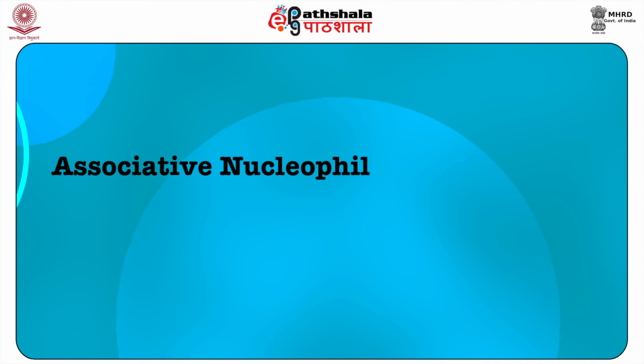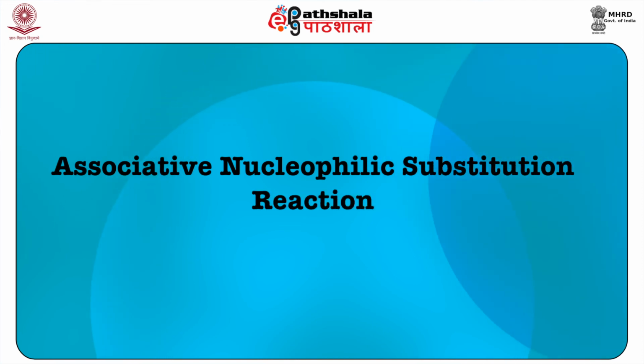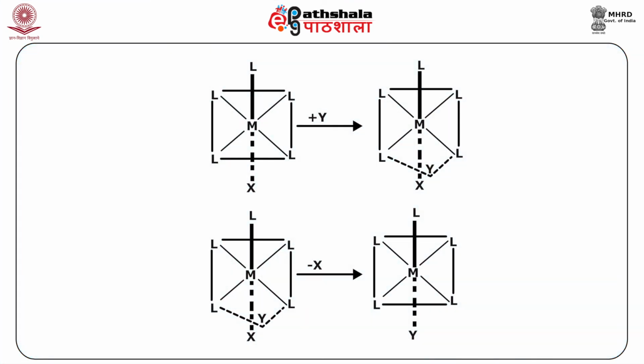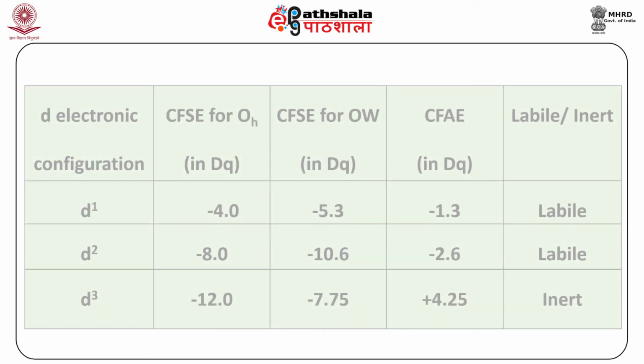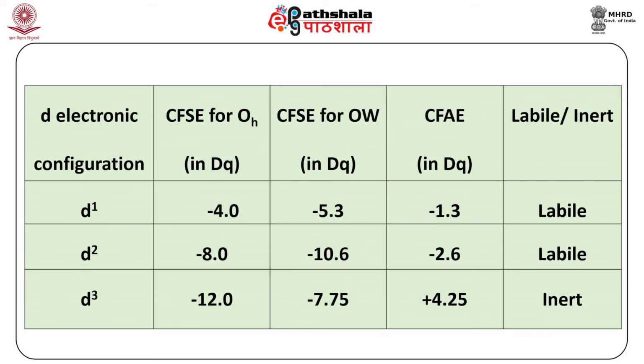Now let us move to the associative nucleophilic substitution reaction. Associative nucleophilic substitution reaction involves an octahedral wedge intermediate that you can see, and the table shows crystal field activation energy for SN2 reaction for complexes containing metal ions in their high spin state and predicts the lability and inertness of the complex.